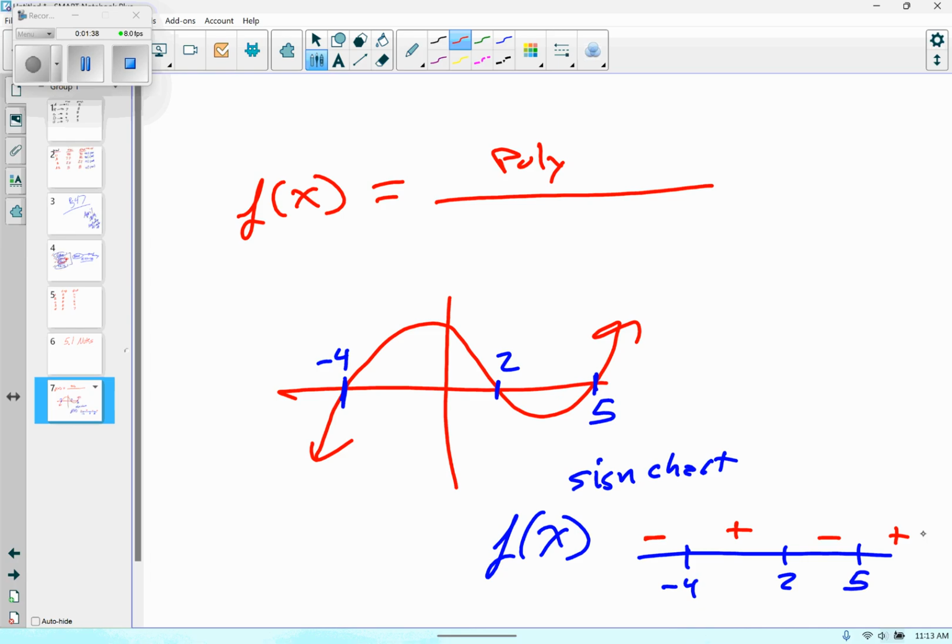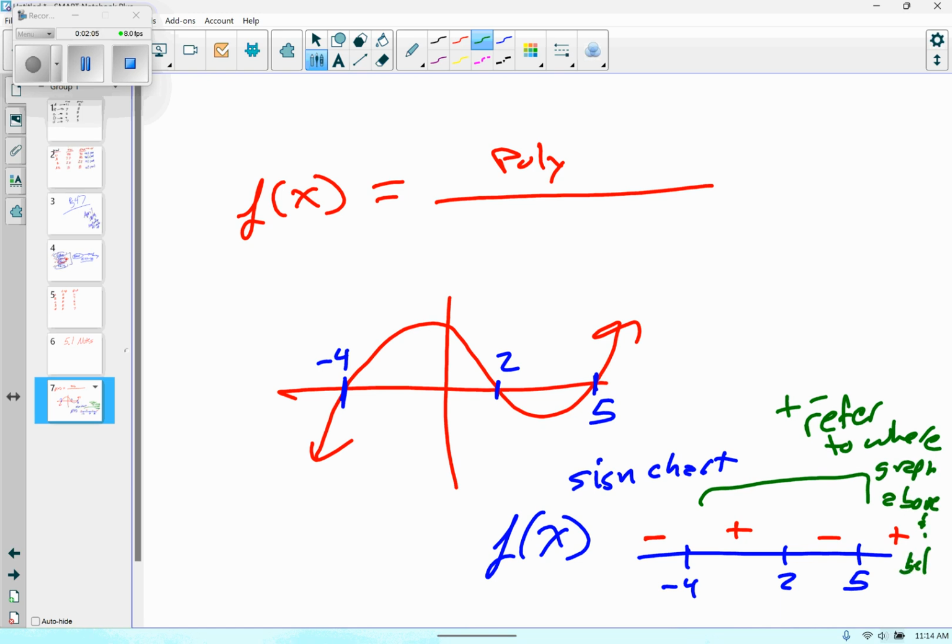And so if you are just given this on a sign chart, this would basically mean these numbers here would be where it is above and below the x-axis. So the positives and negatives refer to where the graph is above and below the x-axis. I totally ran out of room, totally squeezed it in there.